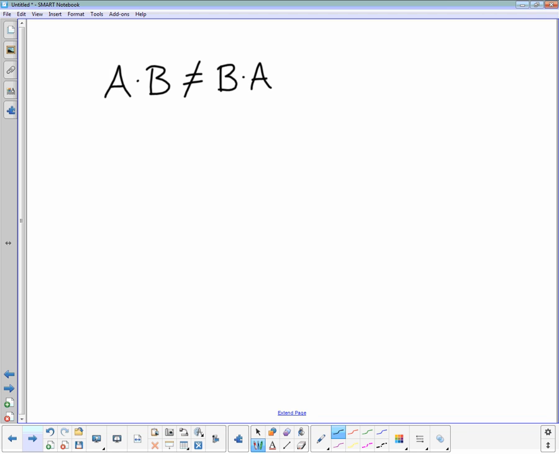If I have two matrices, A and B, and they can multiply, they will very, very often not be commutative. There are extremely rare cases where they do commute.